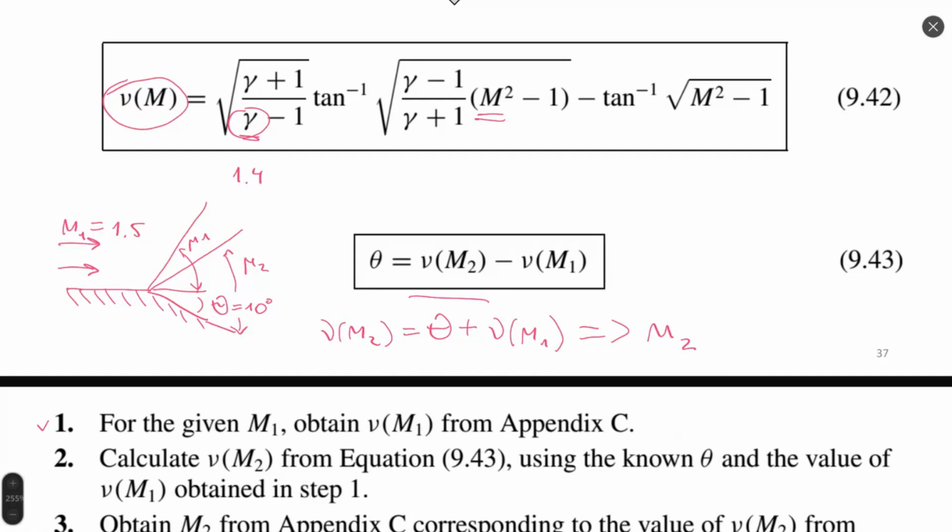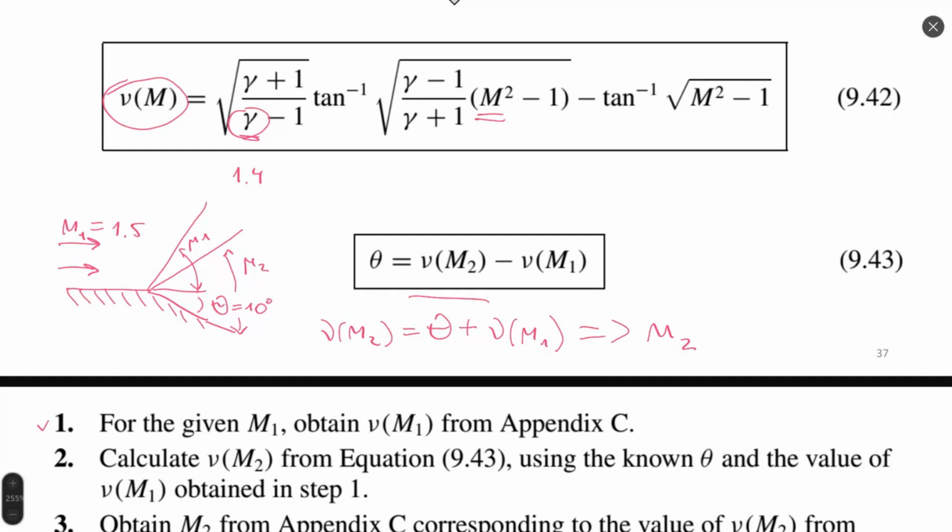What is my first step? I have Mach 1.5, so I will look at Appendix C in the book. I will find my Mach 1.5, and I will round the angles.